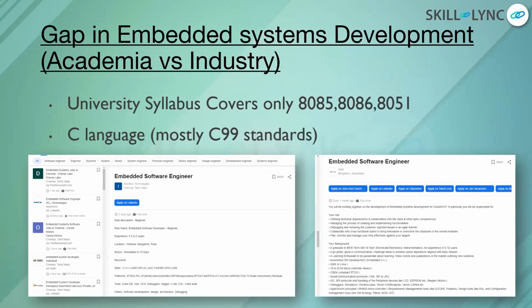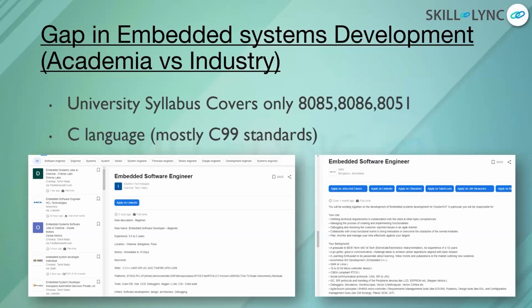But if you see overall what a typical college curriculum covers, in microcontrollers we study 8085, 8086, 8051. There is nothing wrong in starting with these basics, but the microcontroller subject ends with understanding 8051. It doesn't move further.